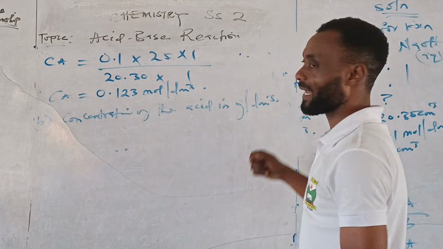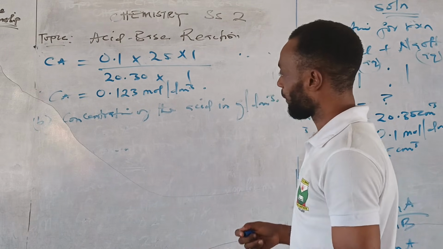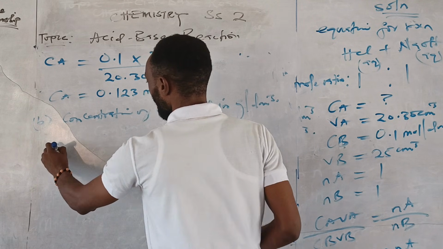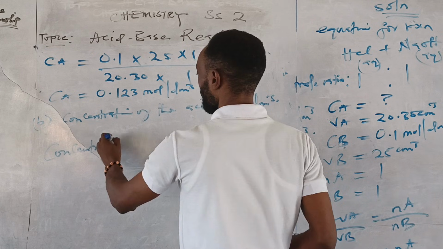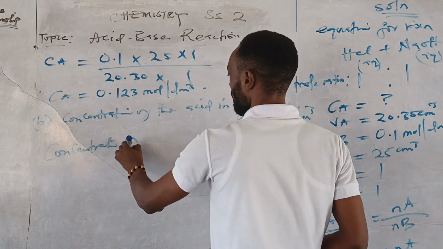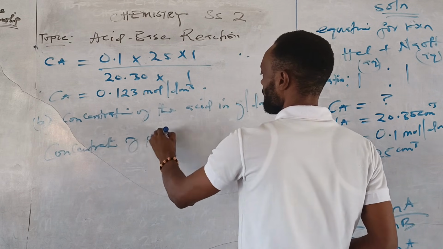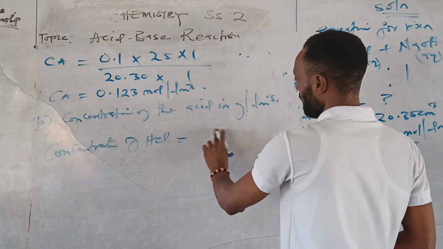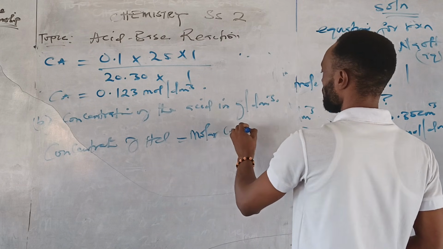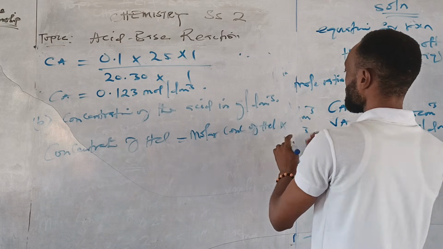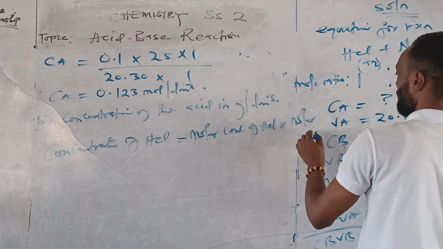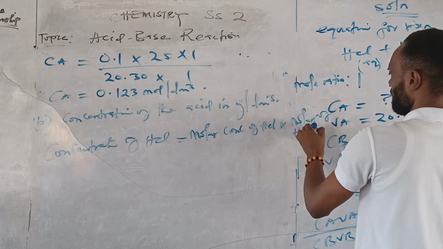Now, concentration of the acid in gram per dm cube. From the formula we have been using, making the concentration of the acid in gram per dm cube the subject of the formula will give us: concentration of the acid, HCl, equals the molar concentration of the HCl times the molar mass of the HCl.